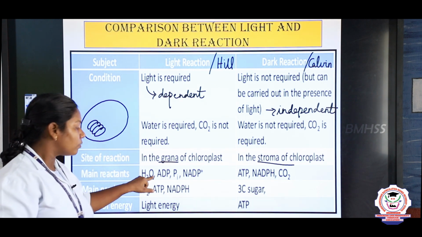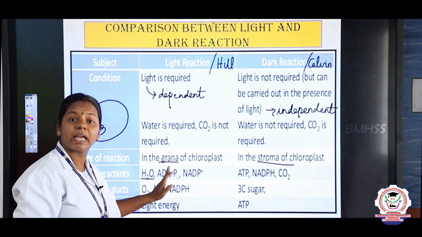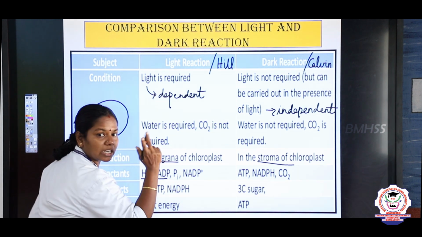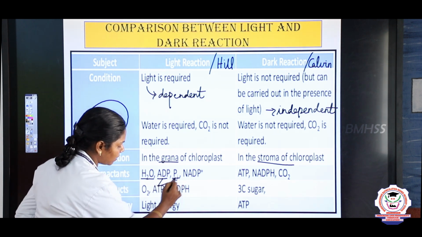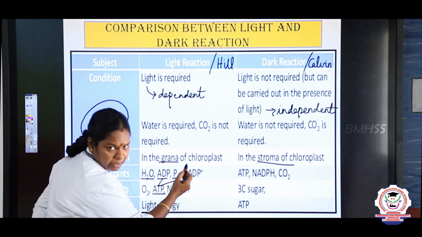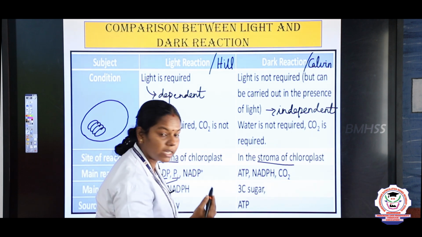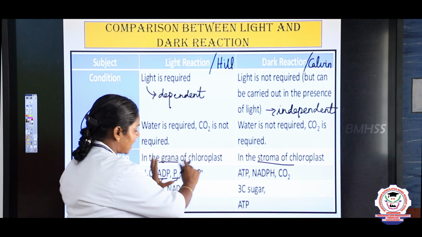And what is required here? Water is required and ADP, adenosine diphosphate, is required. Adenosine diphosphate reacts with another phosphate to form adenosine triphosphate, that is ATP. And NADP becomes NADPH, that is nicotinamide adenine dinucleotide phosphate. And what is used here, children?